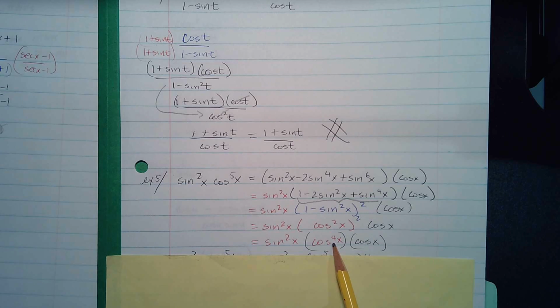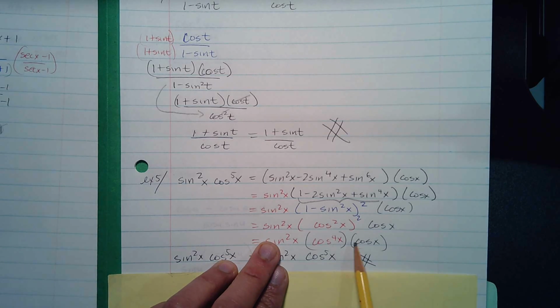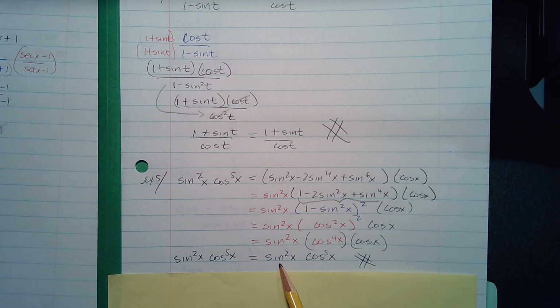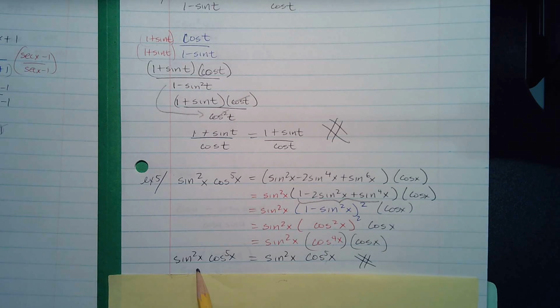This is now cosine to the 4th x times cosine x sine squared x. So cosine to the 4th times cosine to the 1st is cosine to the 5th x. So now we have sine squared x, cosine to the 5th x. And now the right side looks exactly like the left side. We are done.